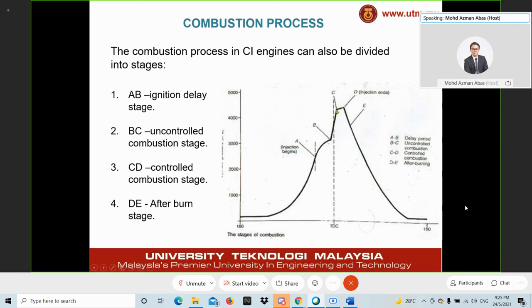This is where you control the combustion. And D and E is where you have the afterburn stage. So pretty much you can refer to the basis from the SI engine, but in the CI engine, you need to control the fuel from the beginning until it reaches the peak pressure of the combustion.